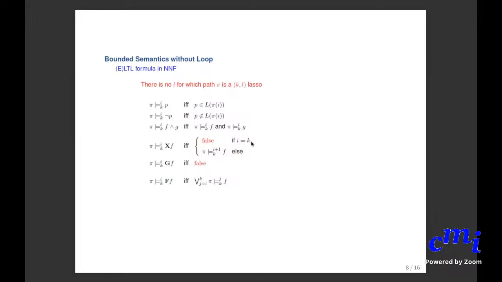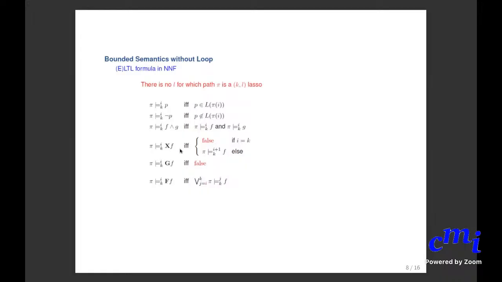If I is equal to k, since you don't know the successor, you can't conclude anything from it. And that's why we return false. That's what I mean by this bounded semantics approximating the path. So in this case, you cannot conclude anything about the infinite case.